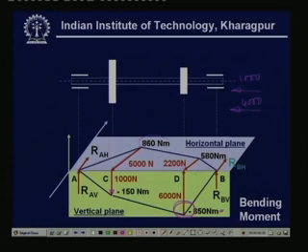But if we consider the resultant of the two bending moments of the vertical plane and the horizontal plane together, then by inspection we can find out that at the point D the bending moment will be more compared to the bending moment at point C.